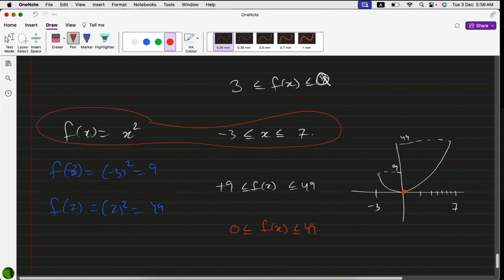See, at minus 3 this is 9, 4, 1, 0, 1, 4, 9, 16, 25, 36, 49. So the lowest value attained was 0 within the given domain. We always check for the turning point first.